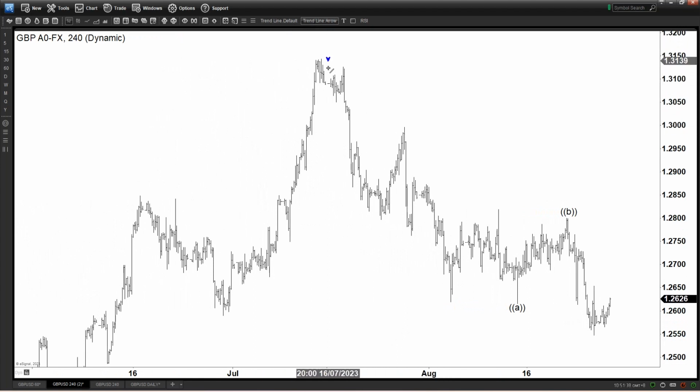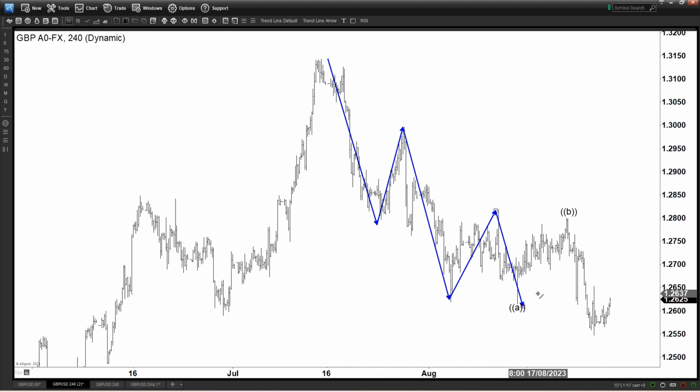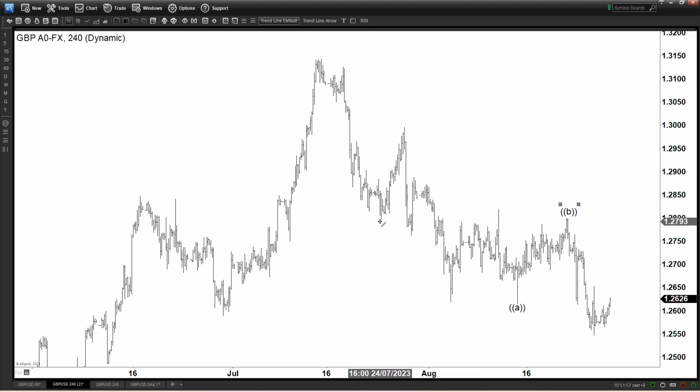You can kind of guess this looks like a 5 swing or 5 waves, right? And this is a diagonal. If there's an overlap between the 1 and the 4, you can always call it a diagonal. Seems like there is an overlap here, so this is a diagonal, no problem about that.